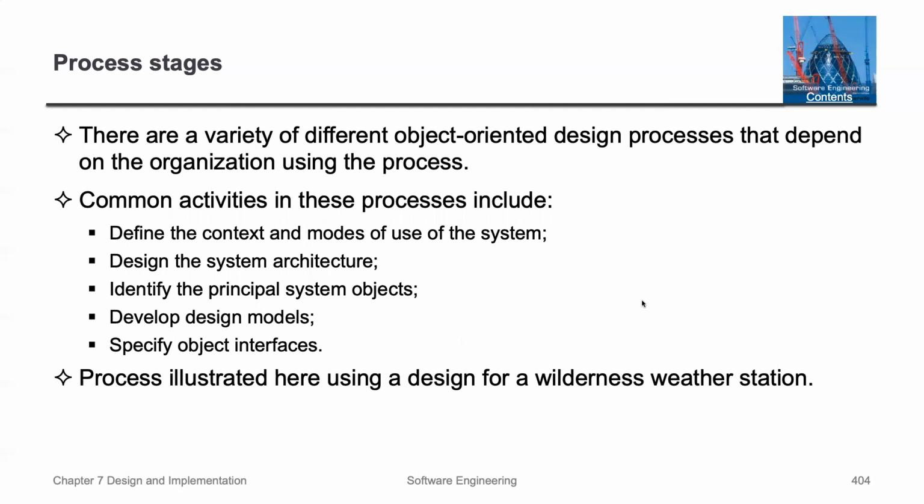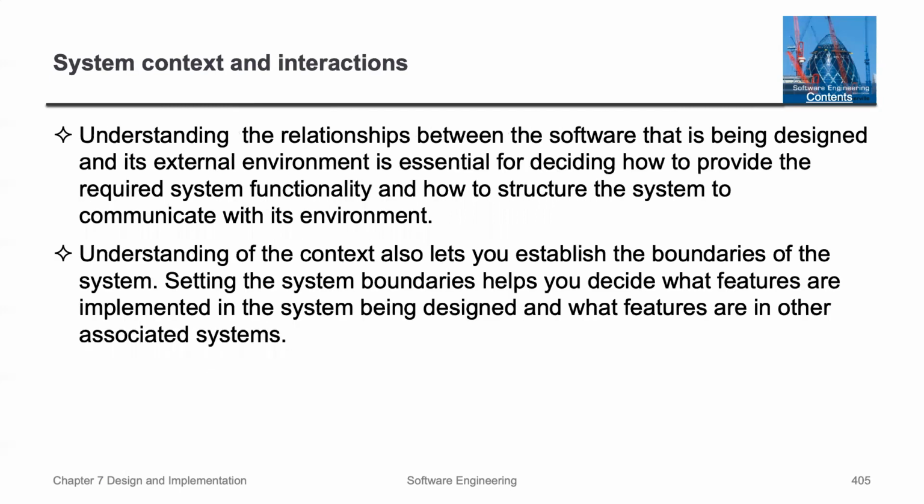So the process illustrated here is using a design for a wilderness weather station. That's one of the common designs that we keep coming back to as we go through our material here.